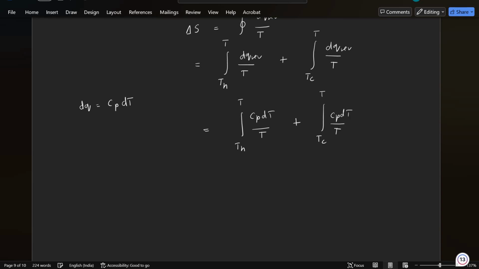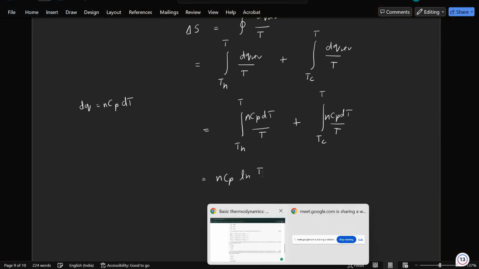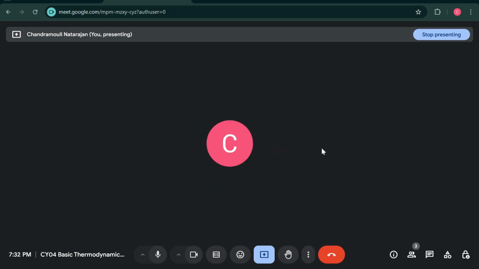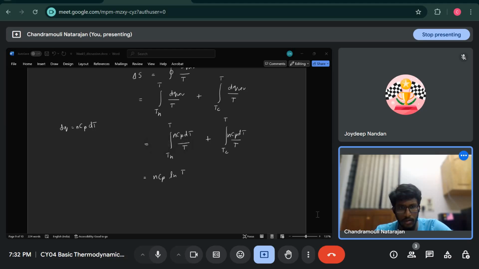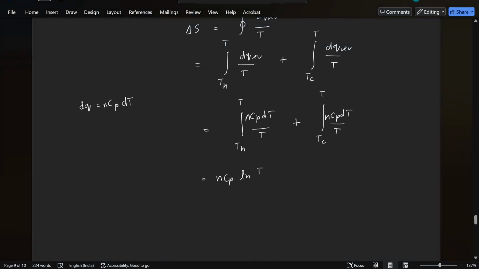So if we integrate this, what do we get? I forgot the number of moles. n Cp ln T by Th, correct?